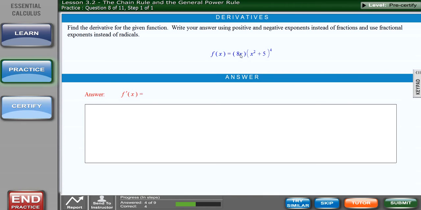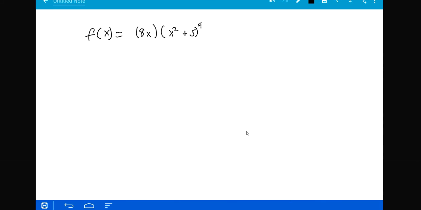You have something with x in it, 8x, that's first, times something else with x. Now this second part, x squared plus 5, has an exponent of 4 on it. We didn't run into that issue in 3.1, but we have it here. But again, what it's going to be ultimately is a combination of the two rules. And so let's see how to do this.